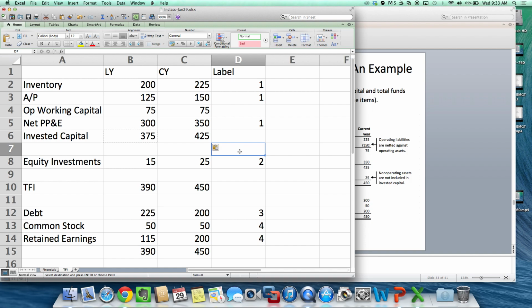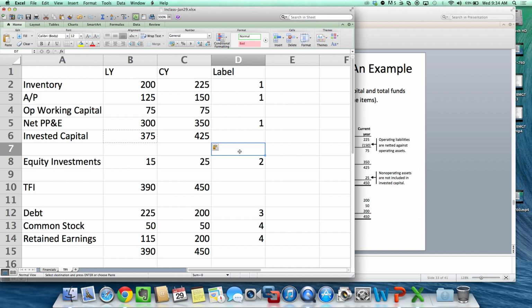But technically, to get invested capital is just all the operating assets, long-term and short-term, minus all the operating liabilities, long-term and short-term. If you net those out, you'll get a correct invested capital. And so that's perfectly fine. But if you want to set it up this way, this is the way you'll probably see an answer key, because this is the way we're going to use it after the midterm. That's the rearranged balance sheet.